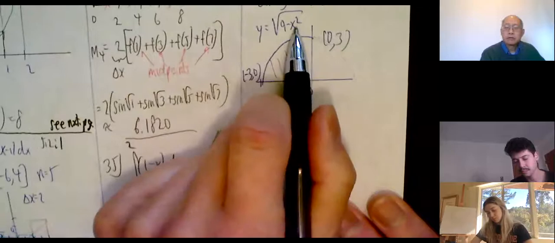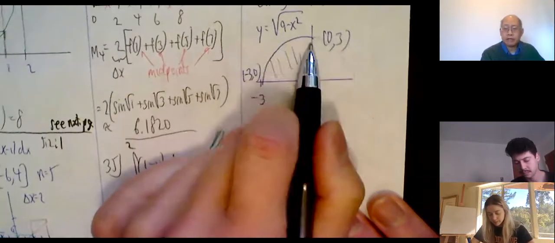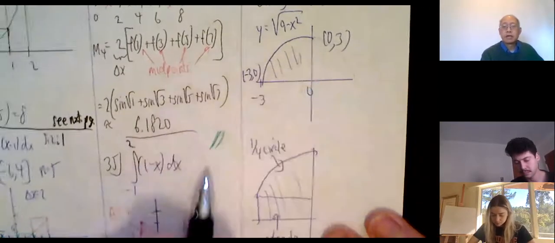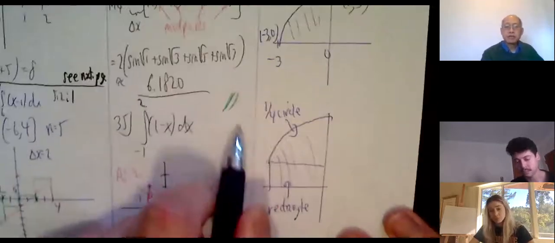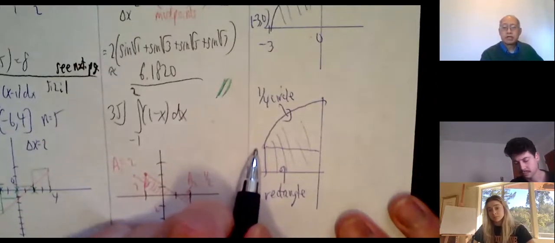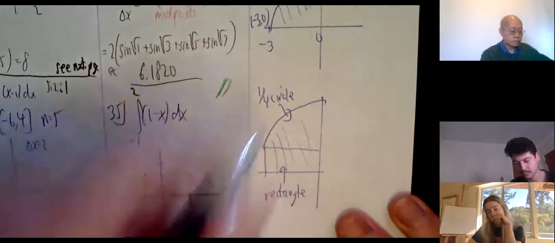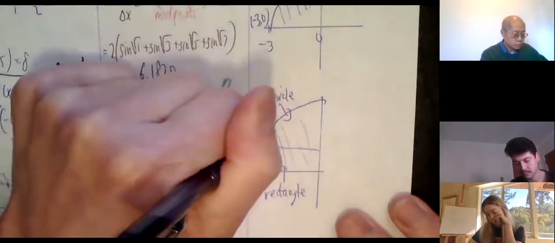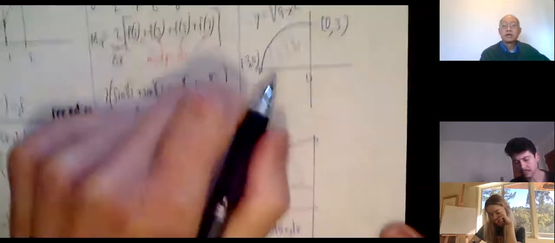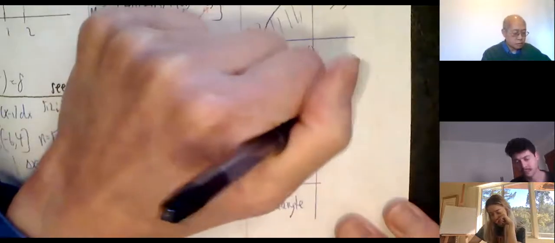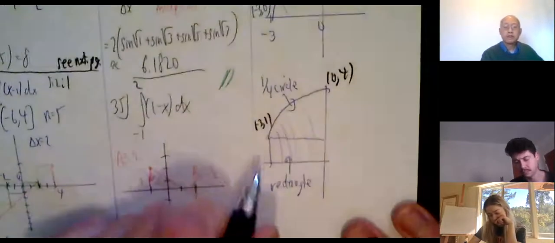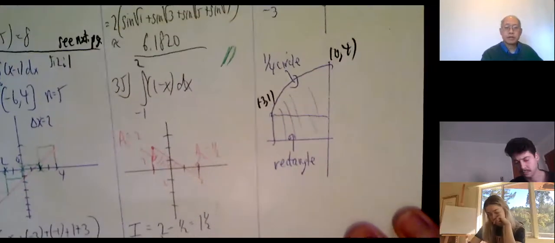Plug in 0: 9 minus 0 is 9. Square root of 9 is 3. Plus 1 means move the graph up 1. So this becomes -3, 1, and 0, 3 becomes 0, 4. So there we go.